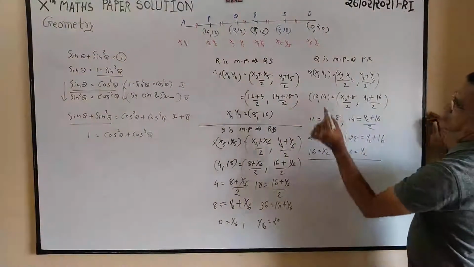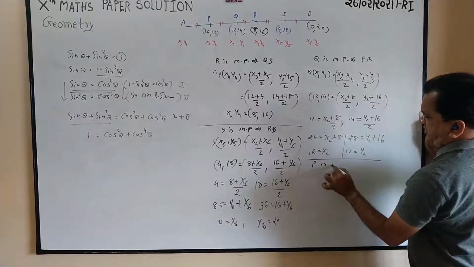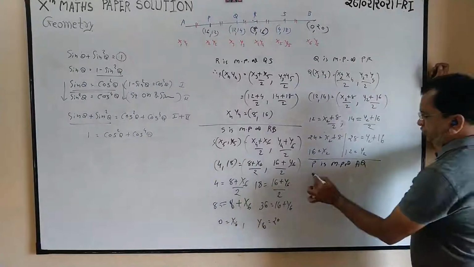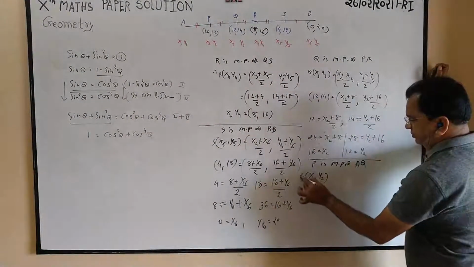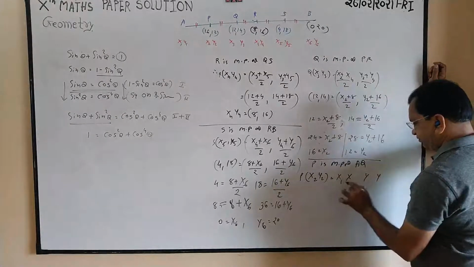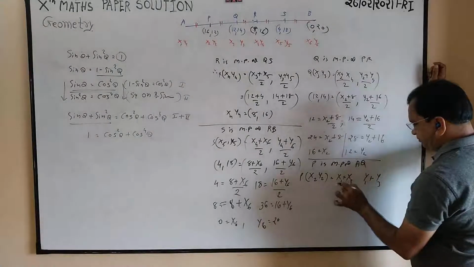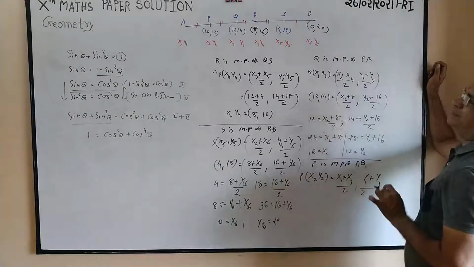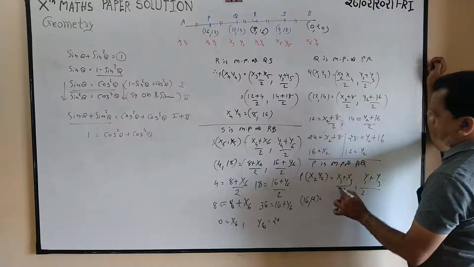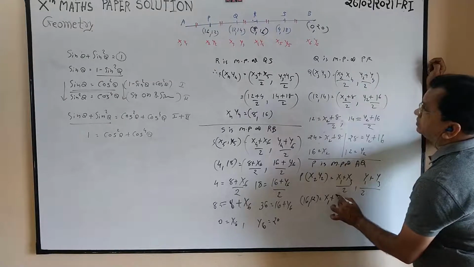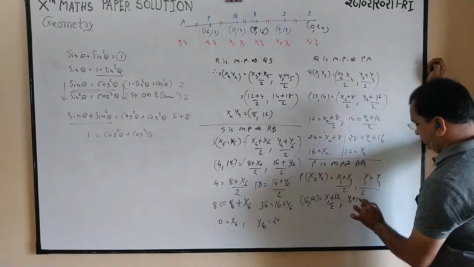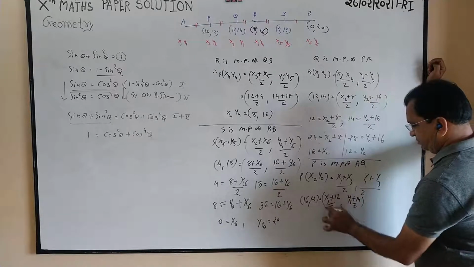Now one more. P is midpoint of AQ. P means x2, y2, which is 16, 12. Substitute: x1 plus 12 divided by 2, y1 plus 14 divided by 2.